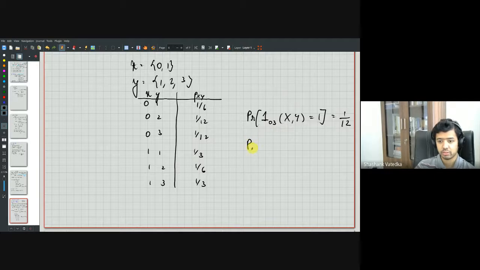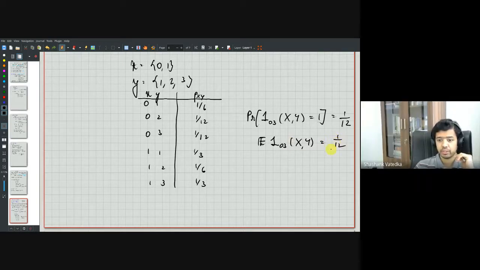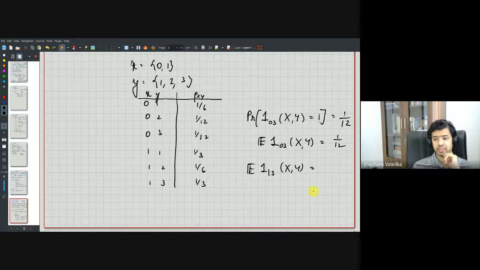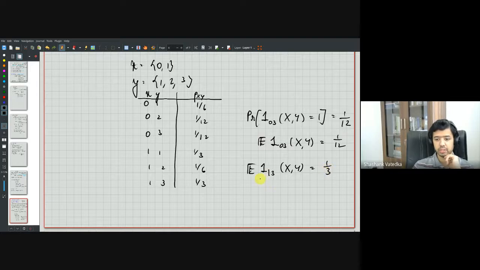So what is the expectation of the indicator 1_{0,3}(X, Y)? It's also 1/12. What about the expectation of the indicator 1_{1,3}(X, Y)? It should be 1/3, because the probability that (X, Y) is equal to (1, 3) is 1/3.